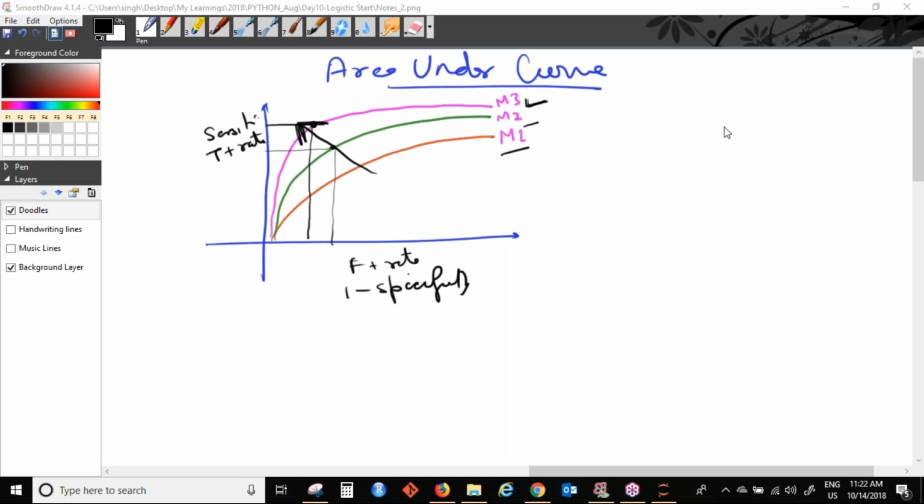Yes, the more the curve is towards the top left, the better that model is.